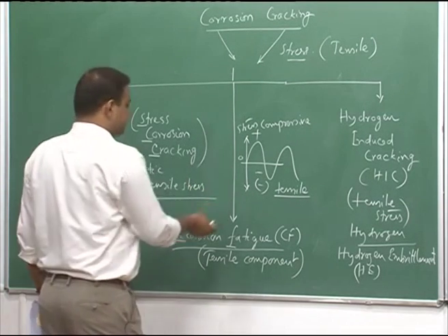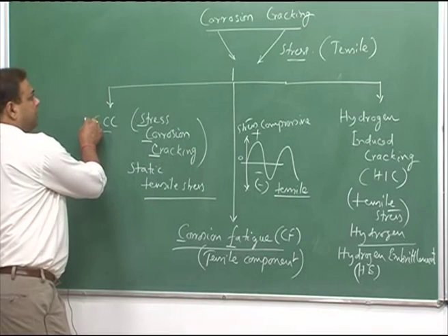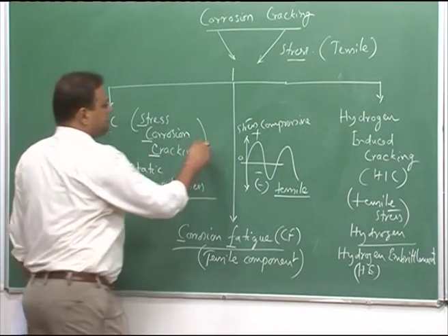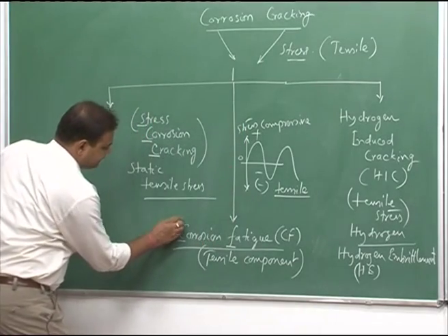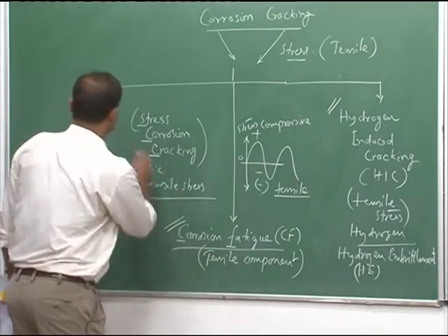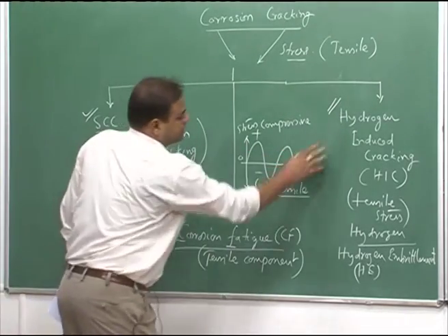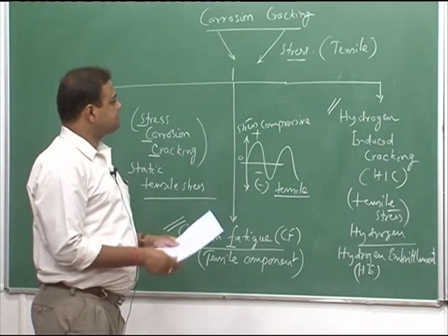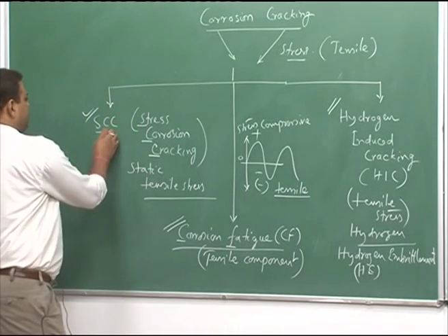So, that means we have three parts of corrosion cracking. One is SCC, another is corrosion fatigue, and another is hydrogen induced cracking. Now, first let us talk about SCC.